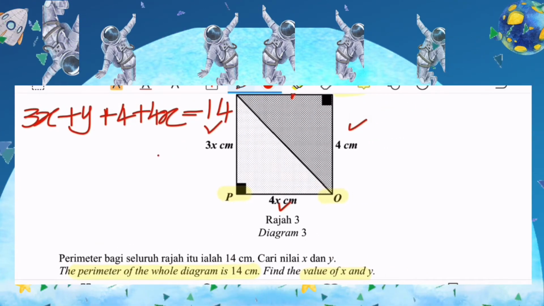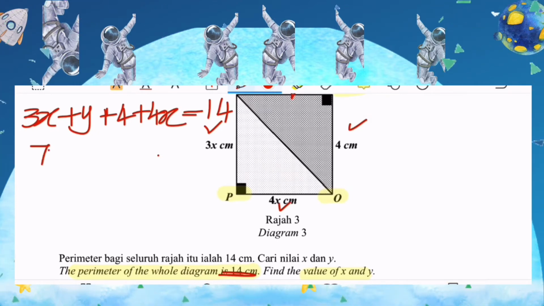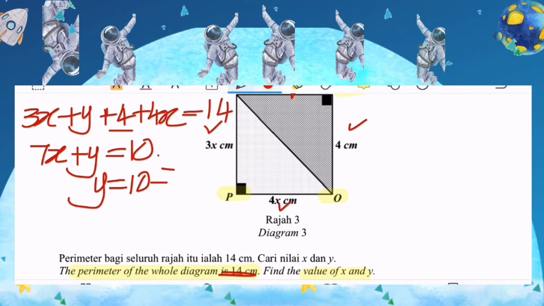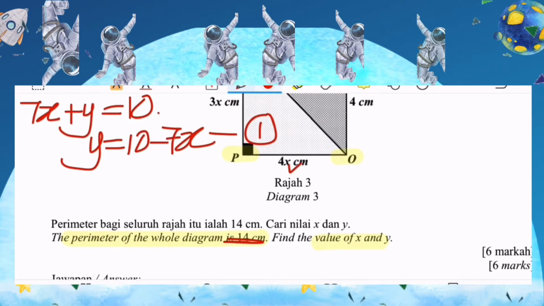In this case, we can only express y in terms of x, because y is actually 1y. 1y is equal to 10 minus 7x. That is called expressing y in terms of x. We have got one equation.